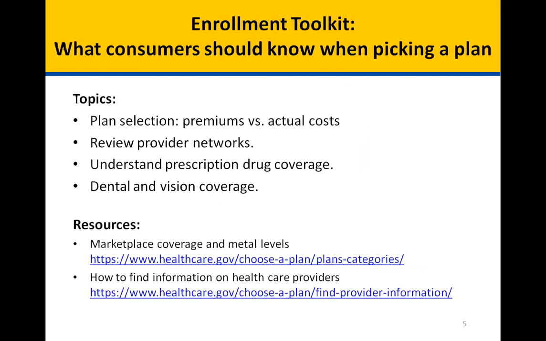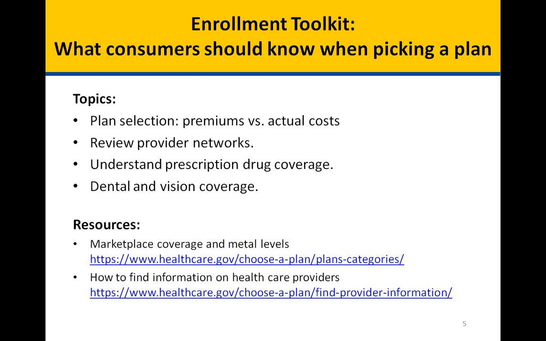Next slide. So in the first section, we talk about what consumers should know when picking a plan. And throughout the enrollment toolkit, at the end of each section, you'll see a number of resources where you can learn more information about the topics that have been covered there.